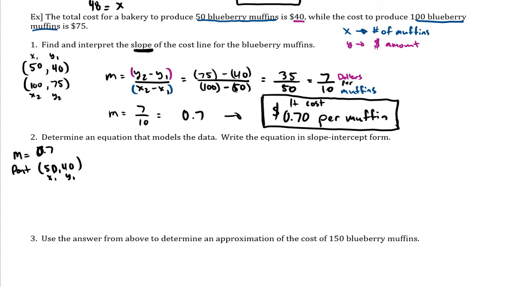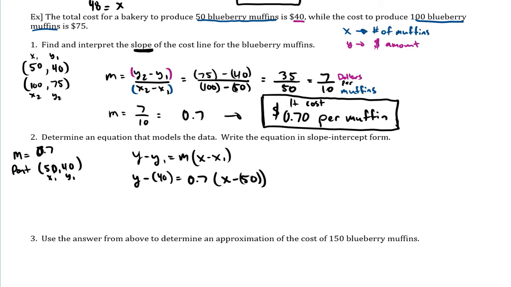So there's our x1 and y1. And we have our equation, y minus y1 equals m times x minus x1. And then we can plug all that in. So y minus 40 equals the slope. Let's go ahead and do our decimal 0.7, x minus 50.